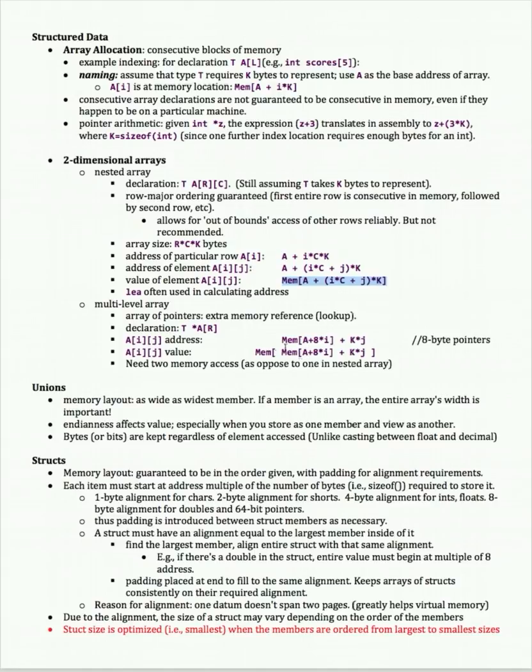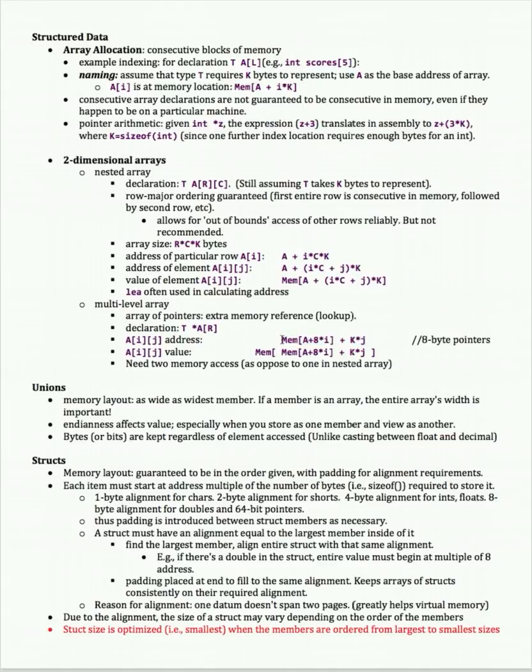How about the multi-level array? The definition of a multi-level array was where we have an array of addresses, where each of the addresses points at a one-dimensional array. In that case, the address of the ith row and jth column now becomes this, right?